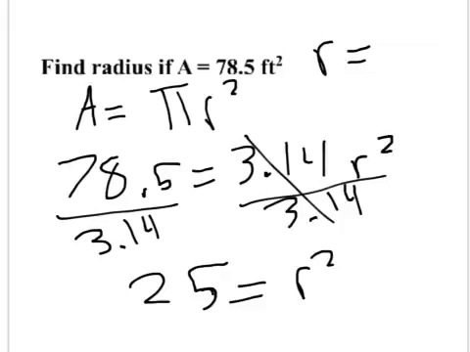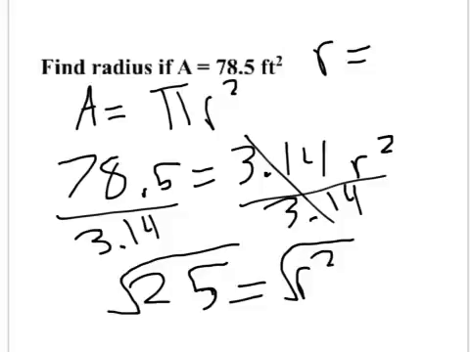How do we get rid of a square? No, it's r times r. It's not r times 2. No. You guys remember? Get it by itself. No. How about square root both sides?